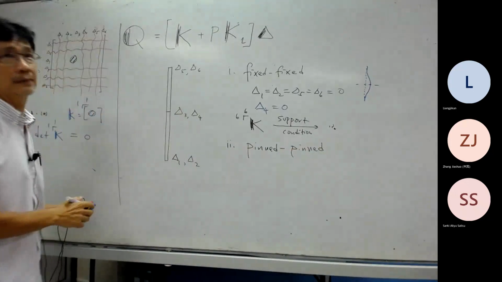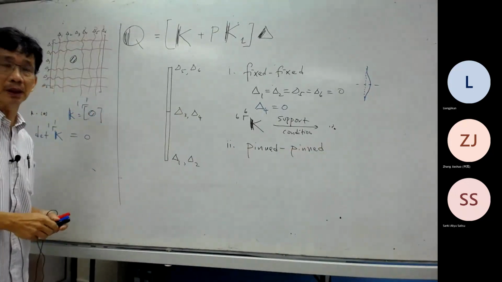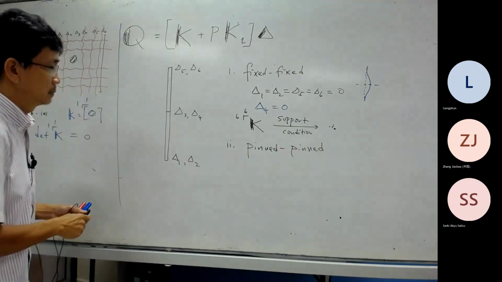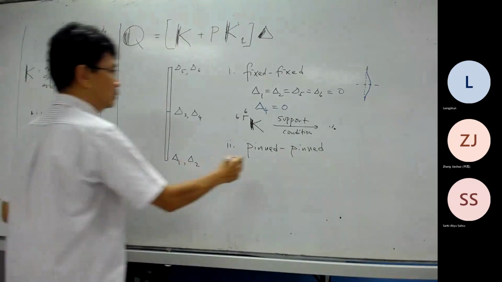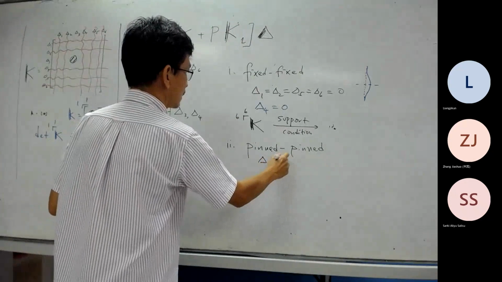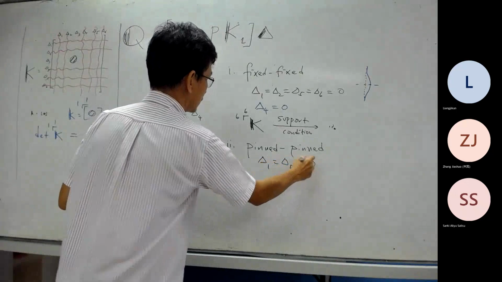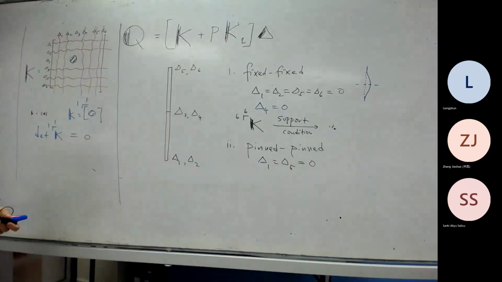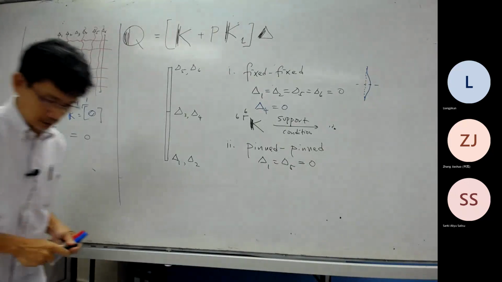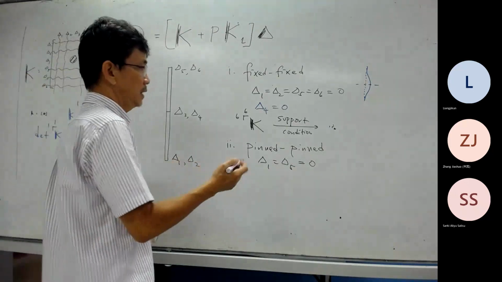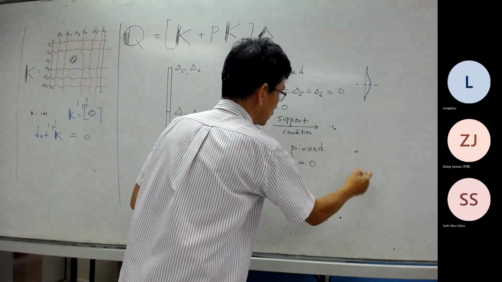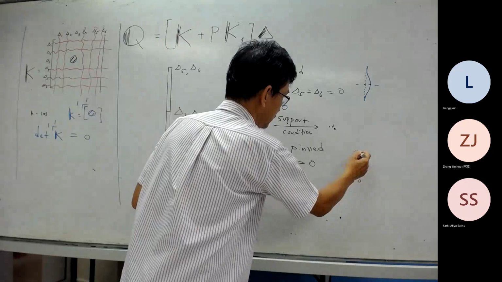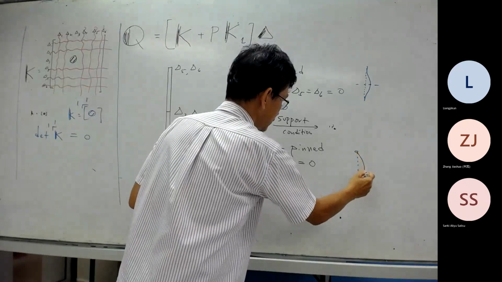The second one is the pin and pin. If pin and pin, meaning that pin here, delta 1 is 0, delta 5 is 0. Then we are interested in finding the P critical for the lowest buckling mode. So the lowest buckling mode will also be symmetry.